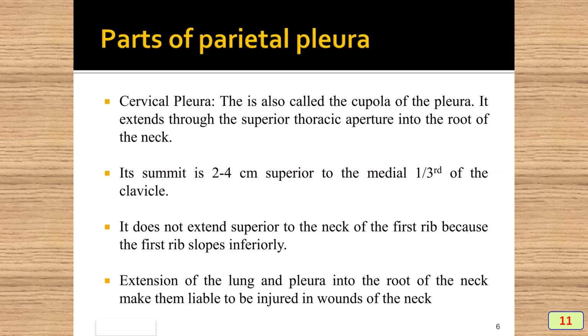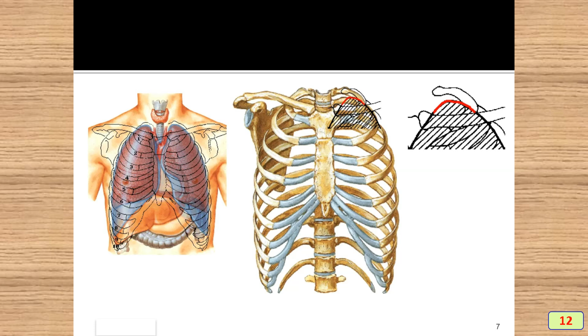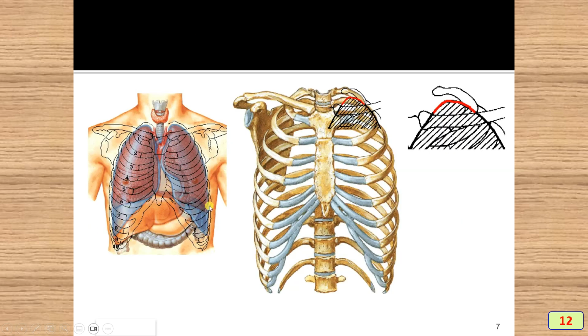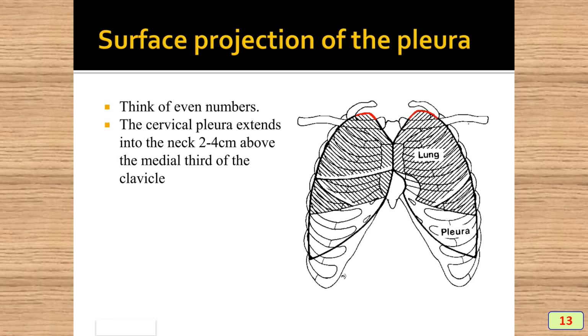Then, as per the parts and boundaries of the pleura, in human beings it extends from the upper to the lower ninth rib, enclosed in the thoracic cavity.